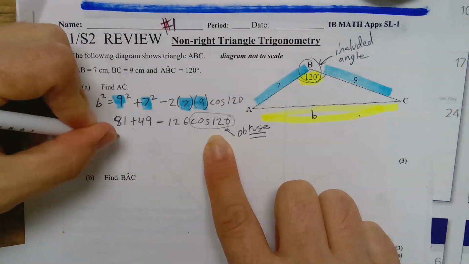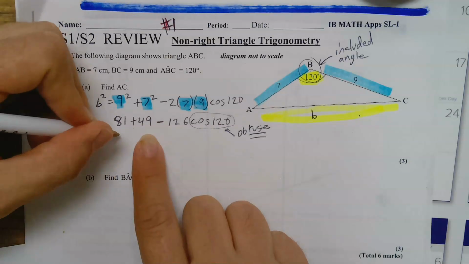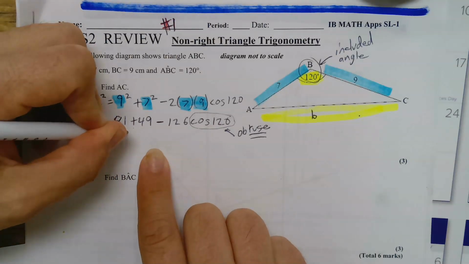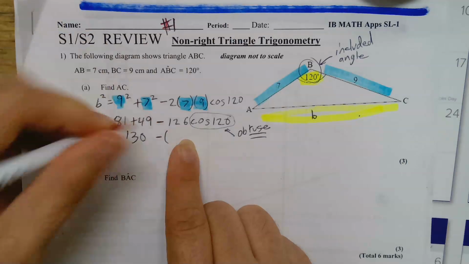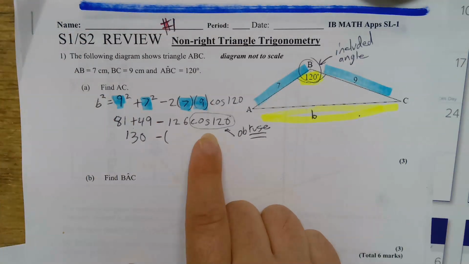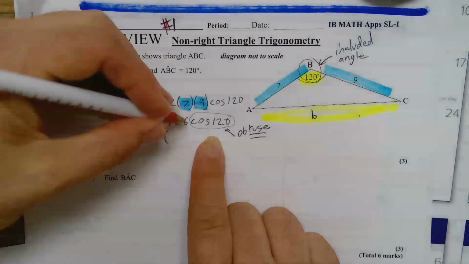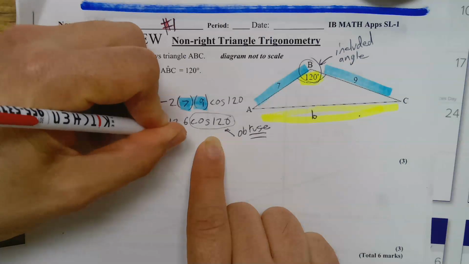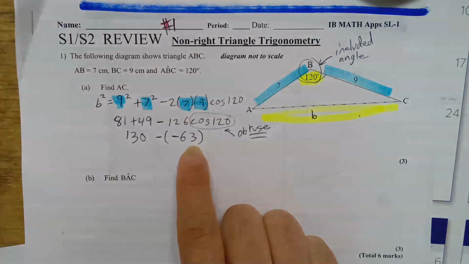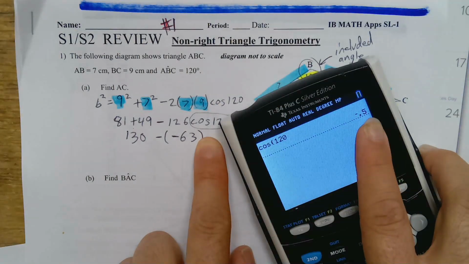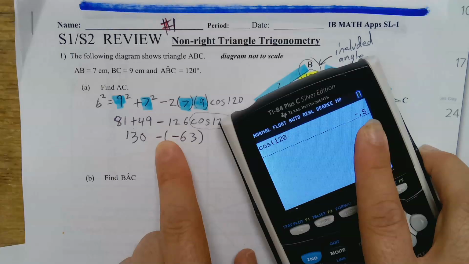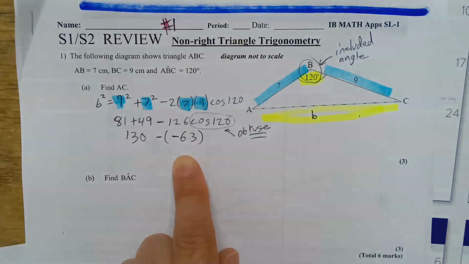So now we have 81 and 49 is 130. And 126 times cosine of 120 is going to give me negative 63, because cosine of 120 gives us negative 0.5, times 126 gives us negative 63.